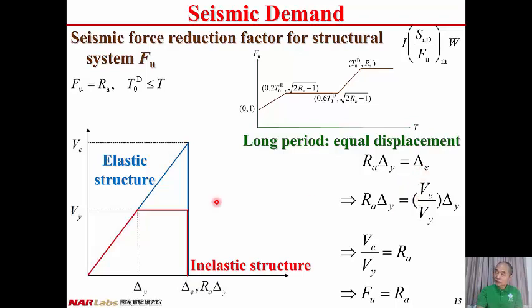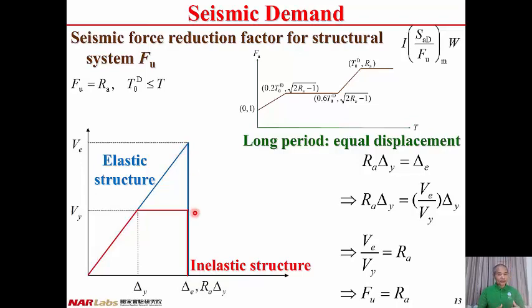And then from the similarity of triangles, delta E equals VE divided by VY times delta Y. If we move delta Y to the left-hand side of the equation, we have VE divided by Vy equal to RA, and Fu equals RA. If the structure remains elastic under earthquake, then the seismic force is as high as VE.